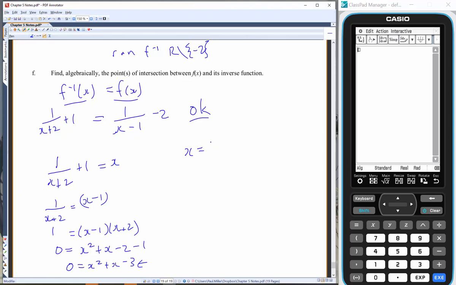So x equals negative b, which is -1, plus or minus the square root of b squared, 1, take away 4 times 1 times -3, all over 2a, which is 2. x equals -1 plus or minus root 13 on 2.